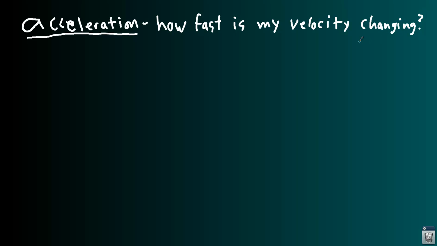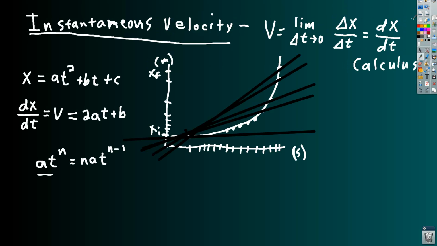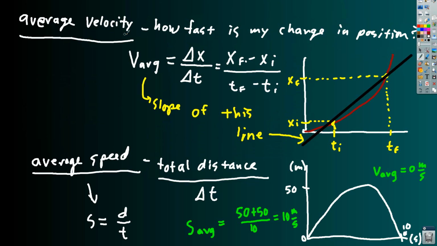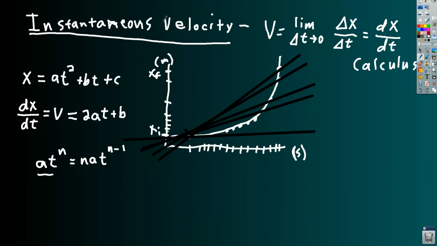And symbolically, we can write this, just like we did an average velocity back here and then an instantaneous velocity, same rules apply.